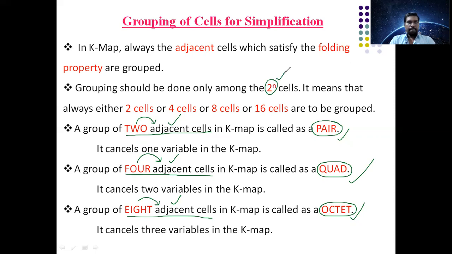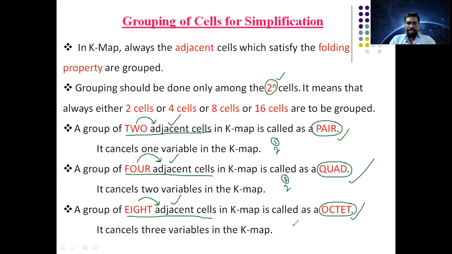Clear? Now this pair will cancel a single variable in the K-map. Why? Because it is in the form of 2 power 1, where this power 1 indicates the number of variables to be cancelled. And what is a quad? It is 2 square, because 4 cells are grouping. 2 square means the power is 2, that's why 2 variables are cancelled.